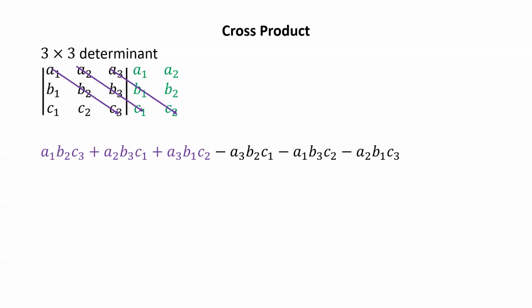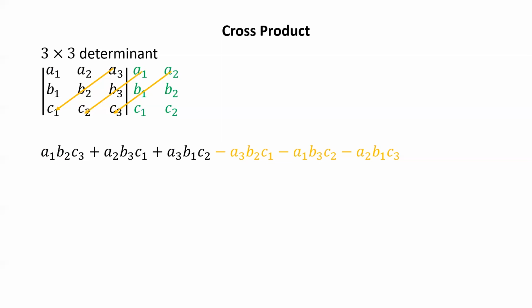Now we do the same thing going down the reverse diagonals, but this time we subtract each time. So we have minus A3 B2 C1, minus A1 B3 C2, and minus A2 B1 C3. So adding up those 6 terms gives us the determinant of a 3x3 matrix.